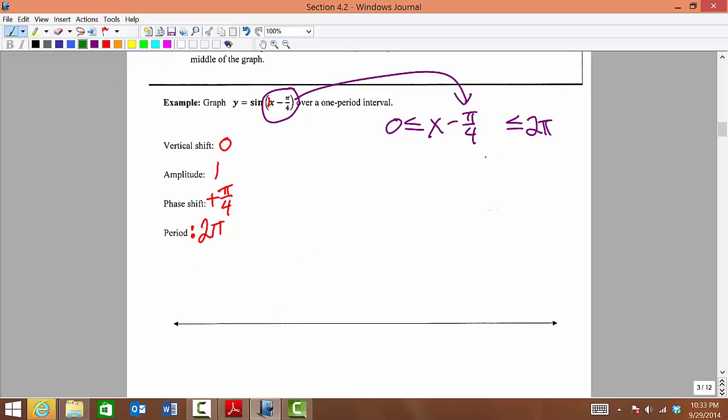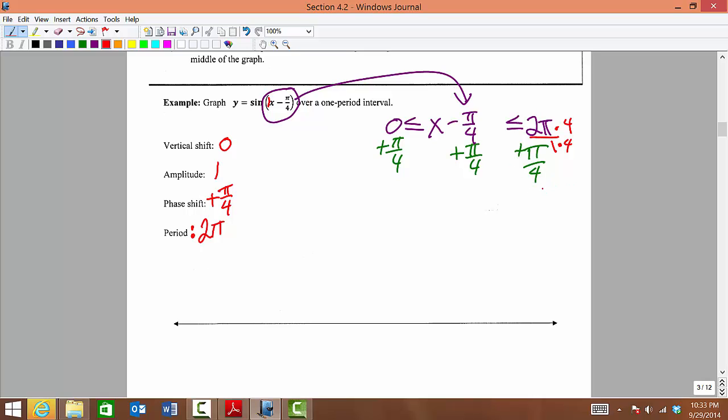Now we need to be careful here. In order to get x by itself, we do need to add pi over 4 to all three parts. And the reason why you want to be careful here is because we have to have a common denominator before we can add fractions. So we're going to think about this as 2 over 1. And our common denominator we see would be 4.